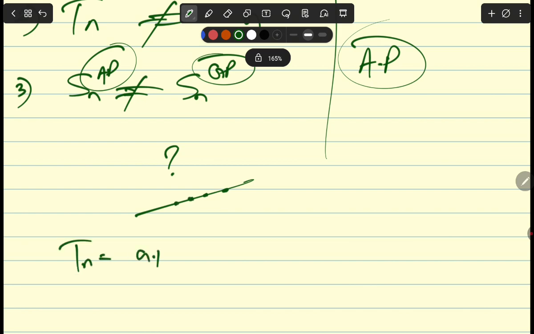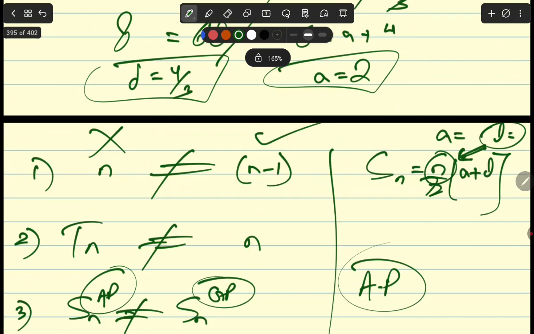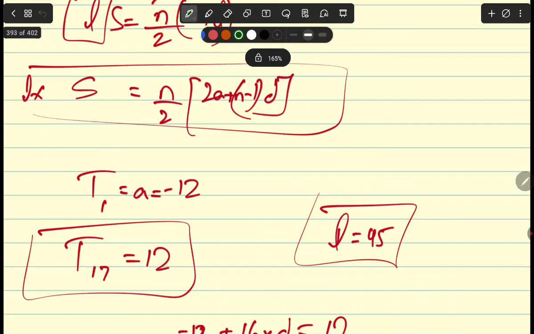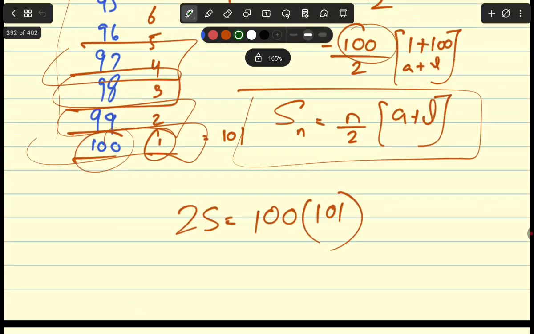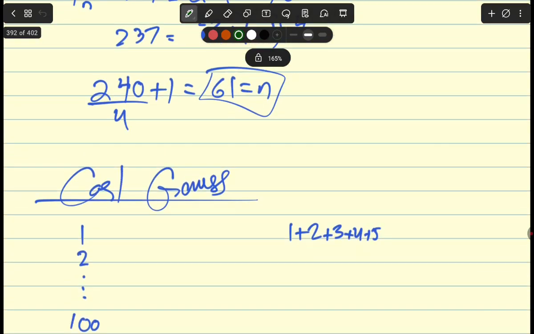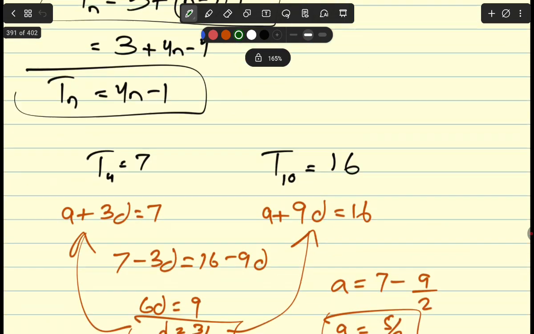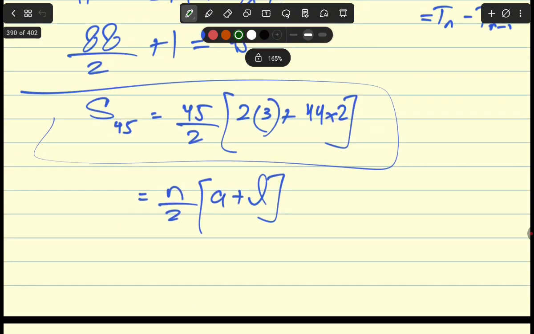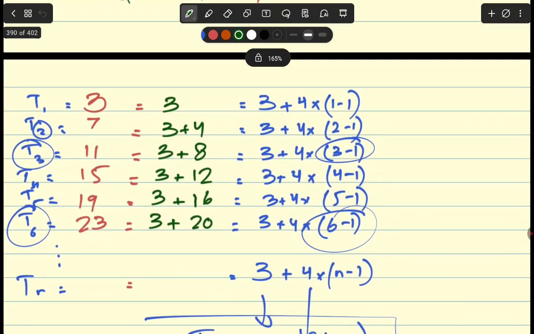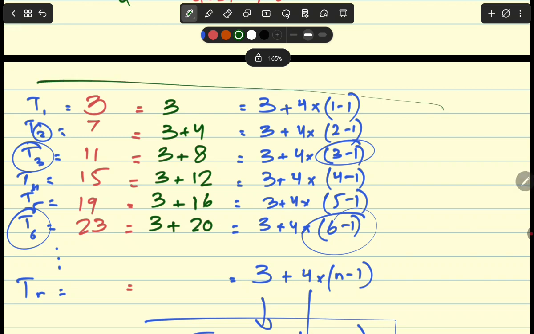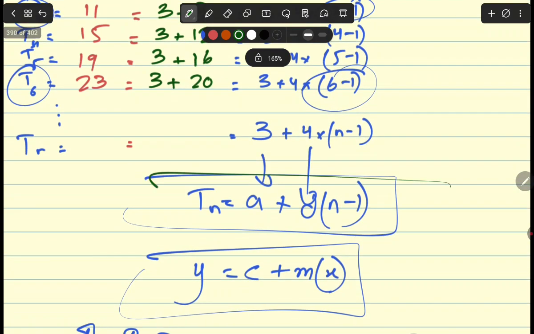We saw a plus d times 0, then a plus d times 1. You can go back in the video and watch how we did it, or let me take you to that screen so you can recall. We derived it here, where I used different colors for different columns. This is how we derived a plus n minus 1 times d.